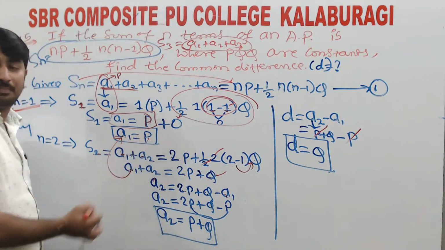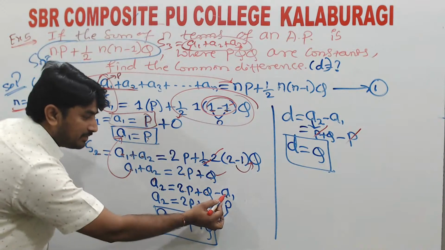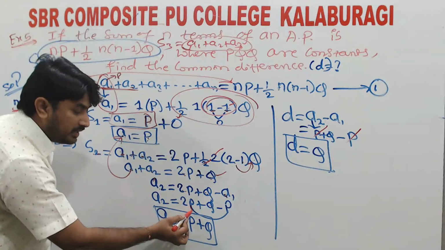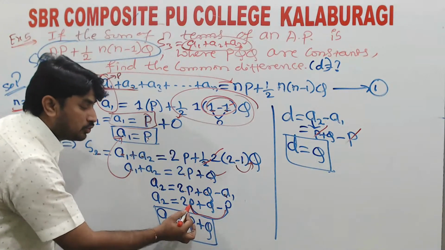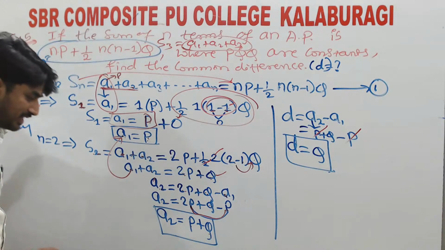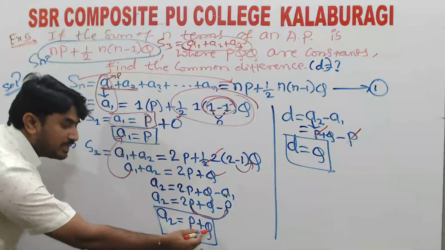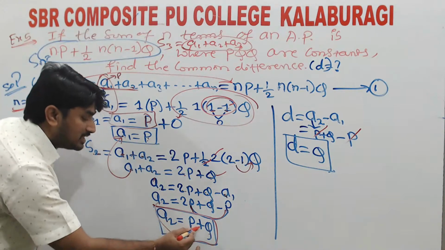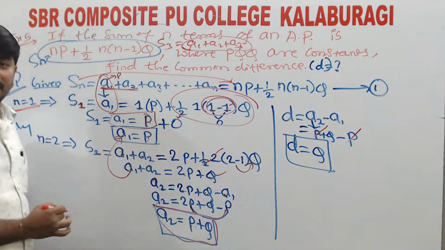The first term value is p, so in place of A1 I am taking p. Here 2p minus p is p, and q as it is. So the second term value is p plus q, and the first term is p.